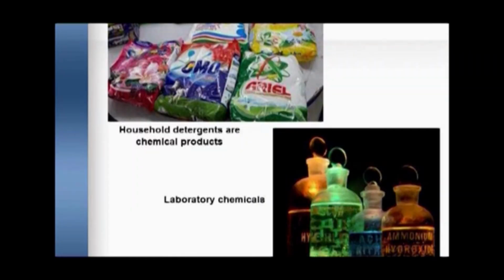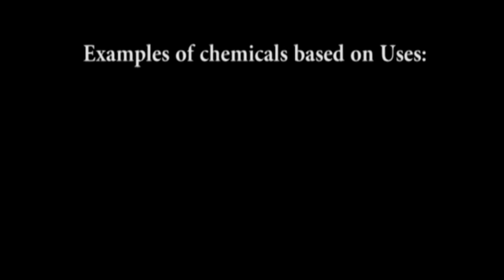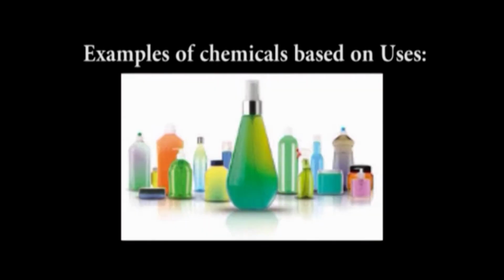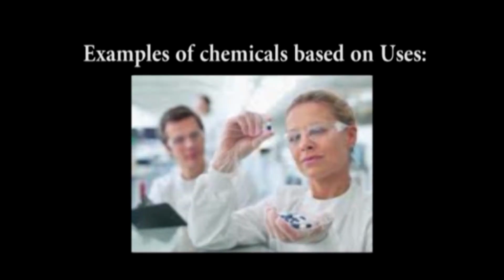Now, let us see some examples in each of these classes of chemicals. Examples of chemicals based on uses. Pharmaceutical or cosmetic chemicals. These are chemical substances used for body health, that is, chemicals for medicinal and beauty purposes.